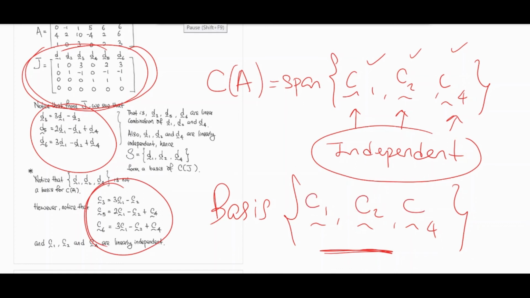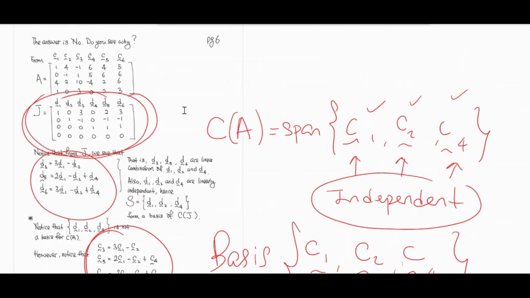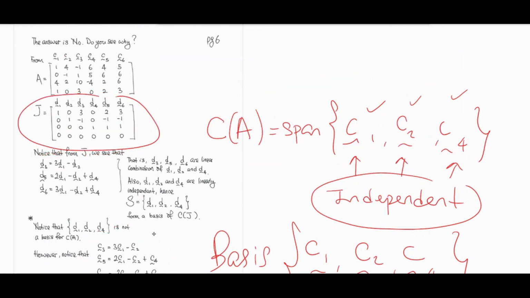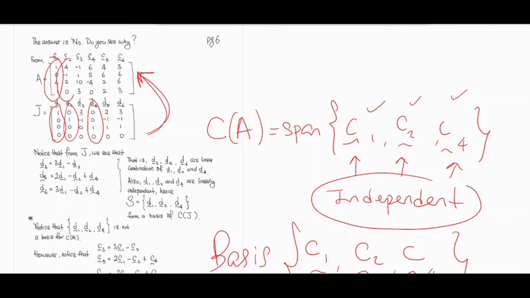So the way we find a basis for the column space of A is that we still do the row reduction, and we get to this RREF matrix. We identify this one here, this one here, this one here as a basis. Then we look at the corresponding columns for the matrix A. So this one right here, this one right here, this one right here will be a basis.